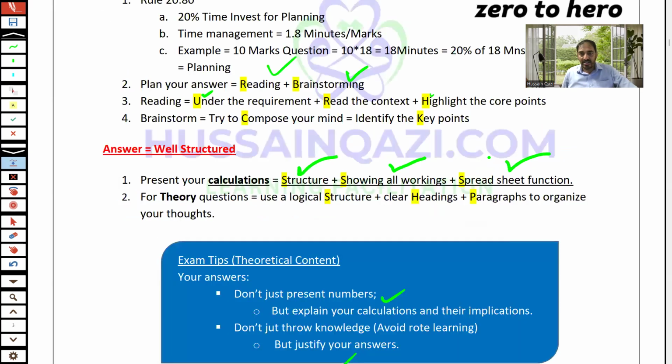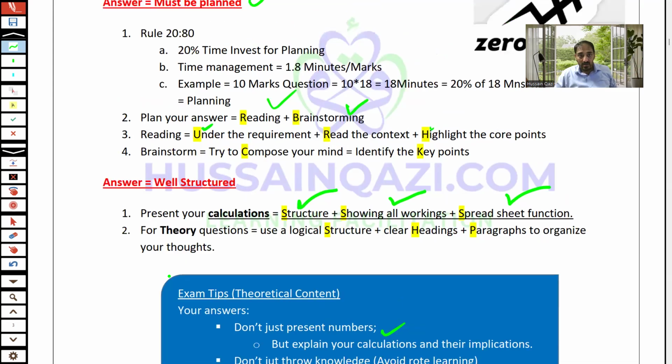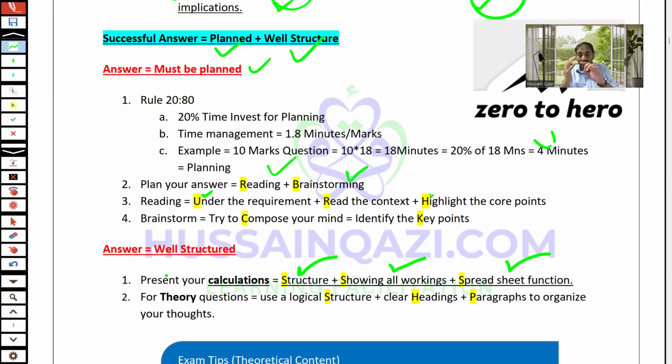So finally, students, we have covered the calculation part of section C. What are the highlighted points here? First of all, for the calculation part of section C, the rule is 20/80. Read the requirement and context very carefully and highlight the key points. Brainstorm first for any topic, either business finance, including this type of question, NPV or working capital.